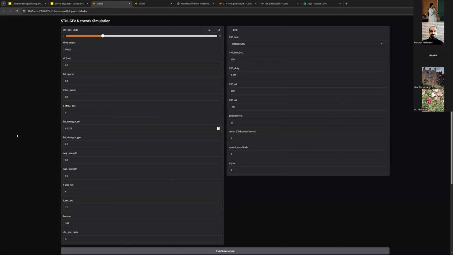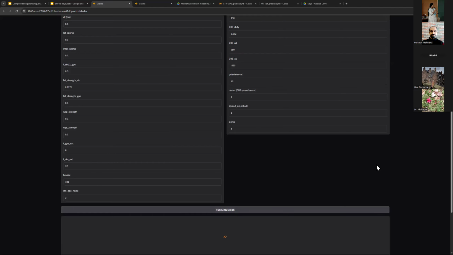We will fix the lateral strength for this and the next simulation at this value and increase the current. First, we will run the simulation for a current of 0.5. Then we will increase it further. You can run the simulation.